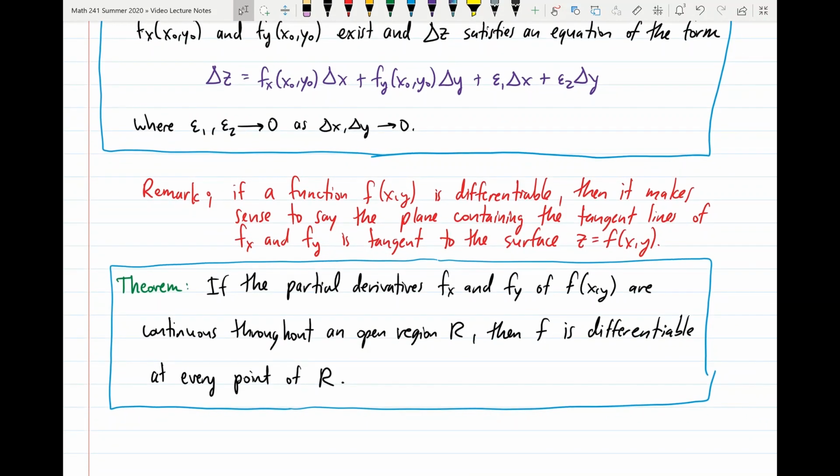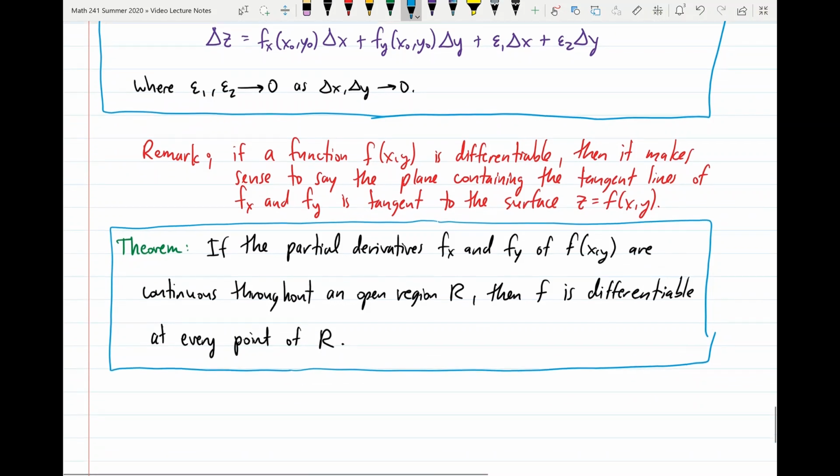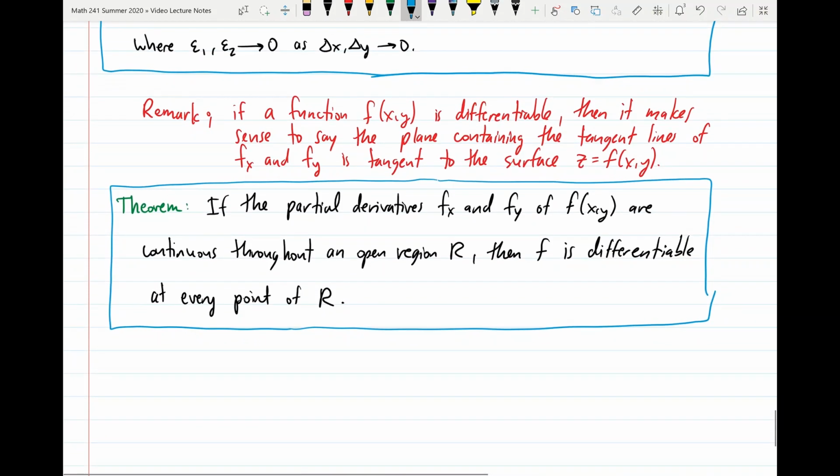Here's our answer to that question. If a function f of x, y is differentiable, then it makes sense to say that the plane containing the tangent lines corresponding to our partial derivatives is tangent to the surface z equals f of x, y. So we finally have an answer to that question.